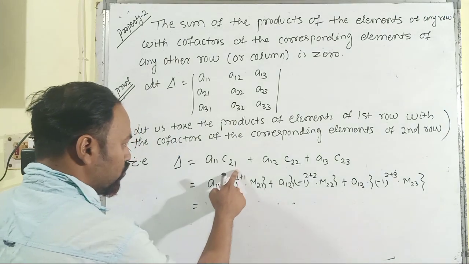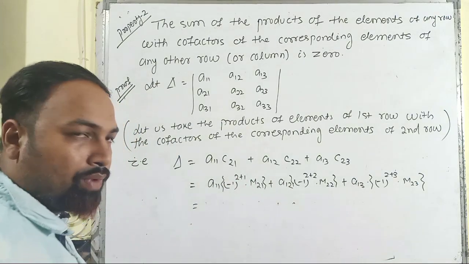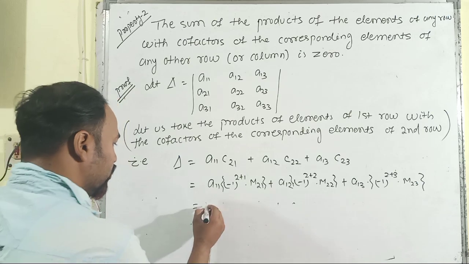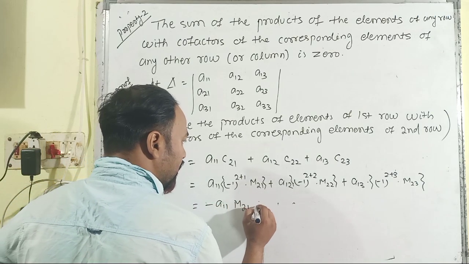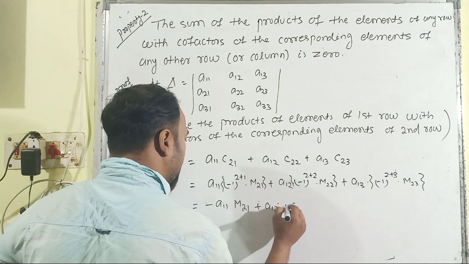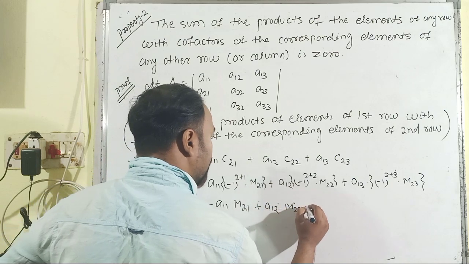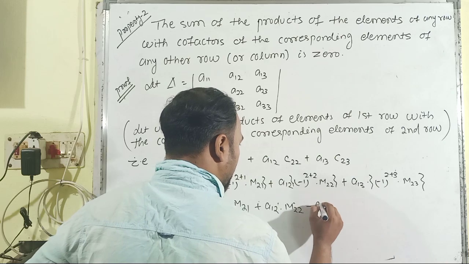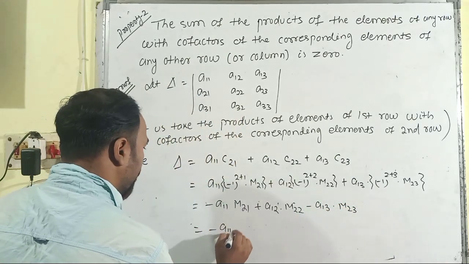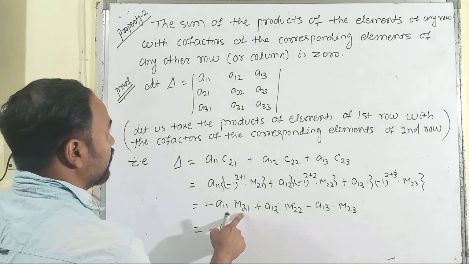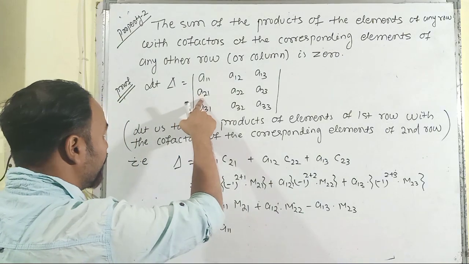Simplifying, minus 1 to the power 2 plus 1 is minus 1 to the power 3, so it gives a negative sign. So it is minus A11 multiplied with M21, plus A12 multiplied with M22, minus A13 multiplied with M23.